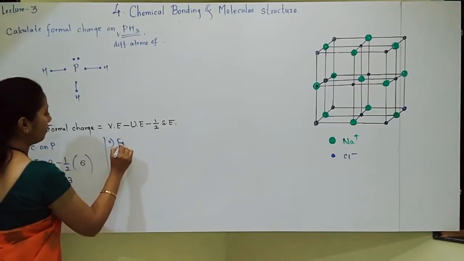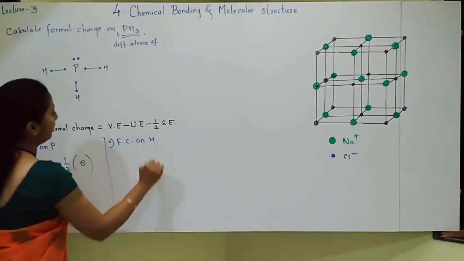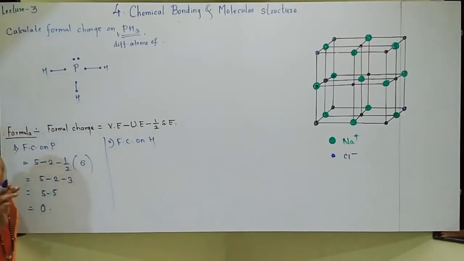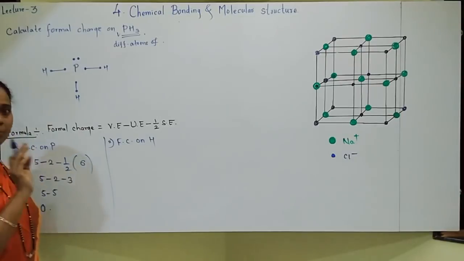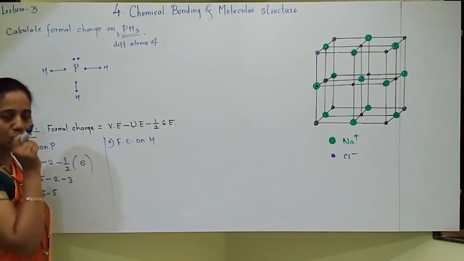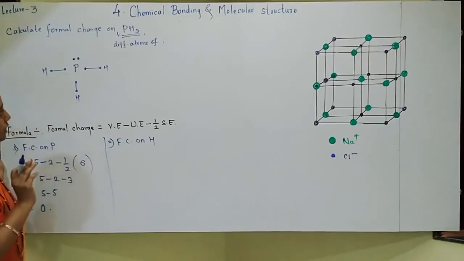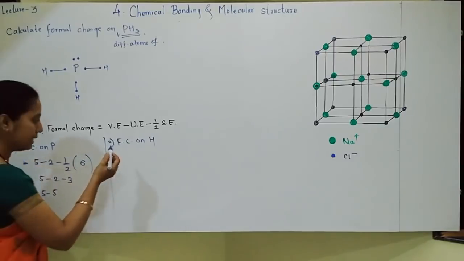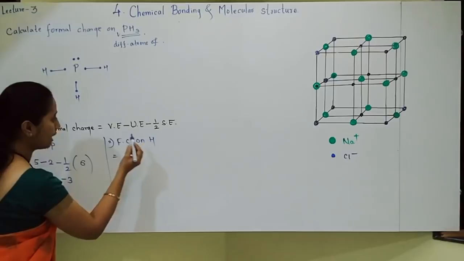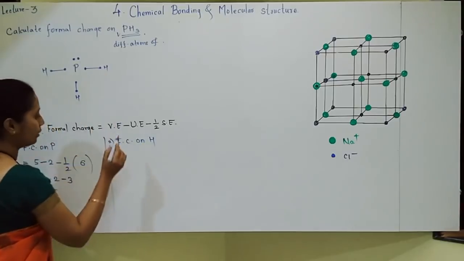Secondly, the formal charge on every hydrogen will be the same, because every hydrogen is forming the same type of bond with phosphorus. So let us calculate. Formal charge on hydrogen: the valence electron of hydrogen is only one.